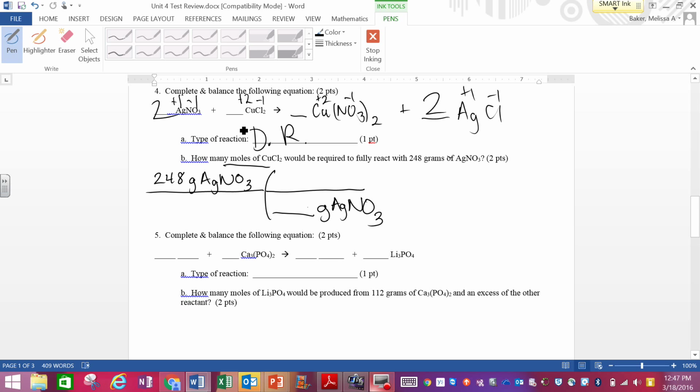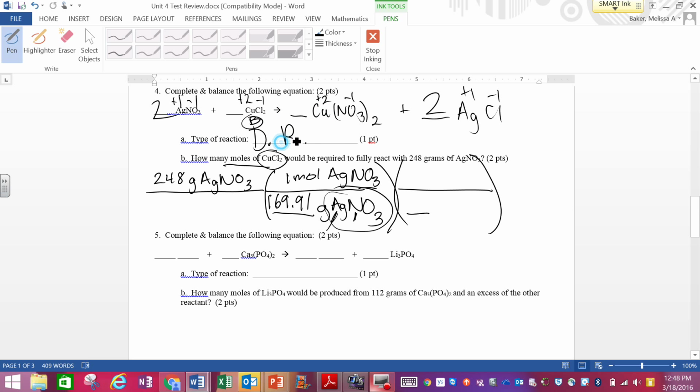We're trying to get from grams of A to moles of CuCl2. That's our B. So first step, we're going to have to divide by the molar mass so that we can use that mole-to-mole ratio. So I've got to go to my periodic table and look up how much each of these weighs. And there's 3 oxygens, so 3 times oxygen's weight. This comes out to be 169.91. We're not done yet.